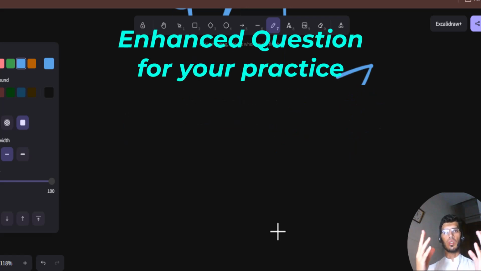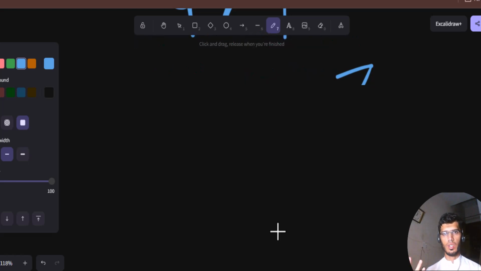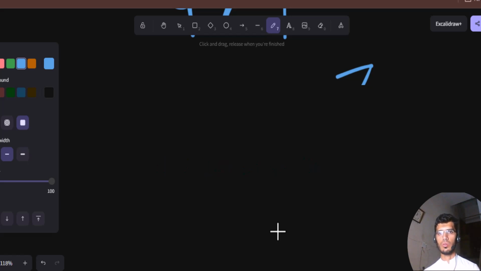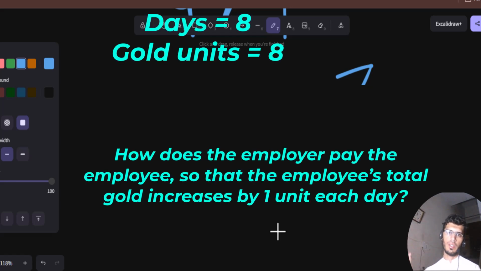Here is an enhancement of this question. Suppose the employer has gold of 15 units. Now you have to make arrangements for how you would give 1 unit to the employee each day over 8 days, so that the number of days and the total amount of gold is linear.